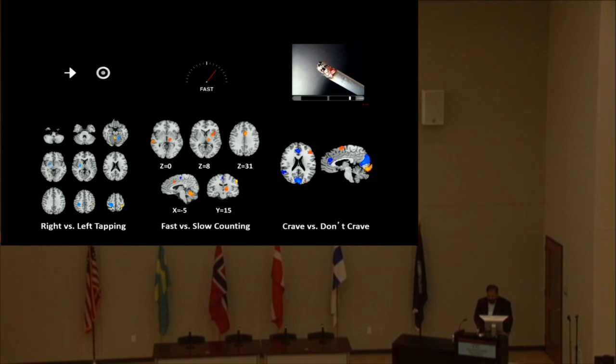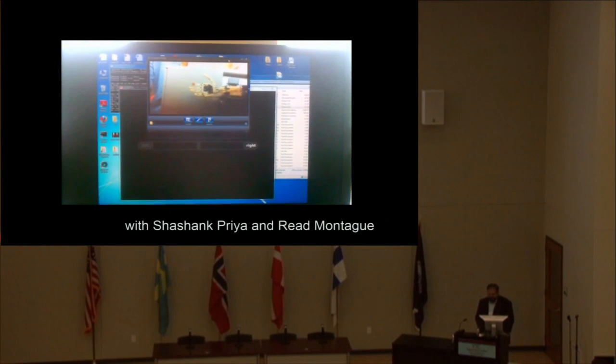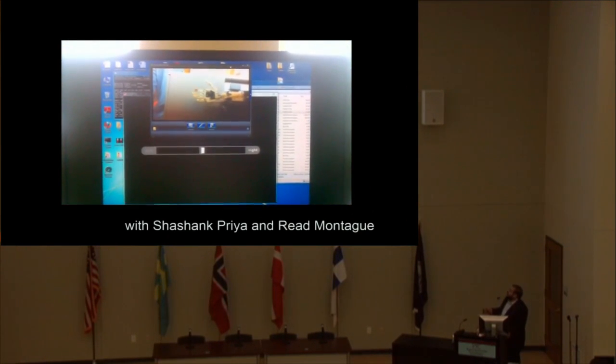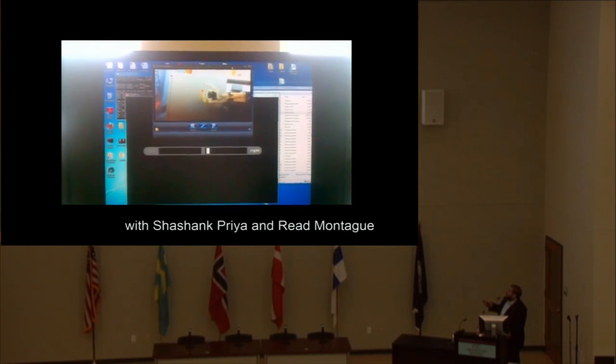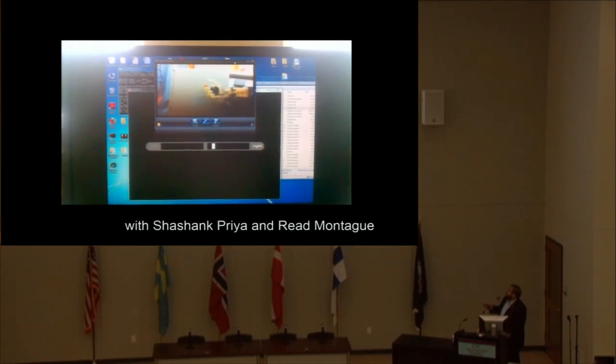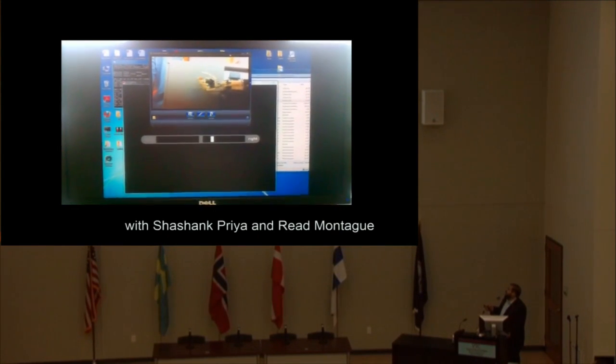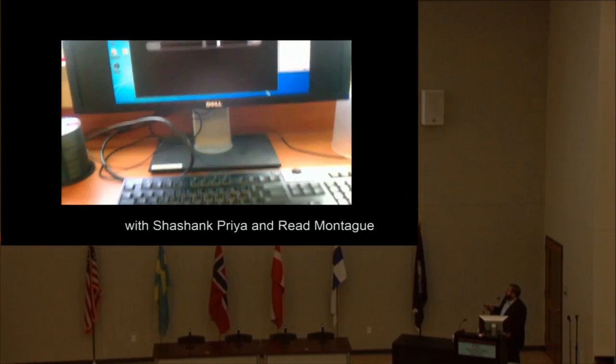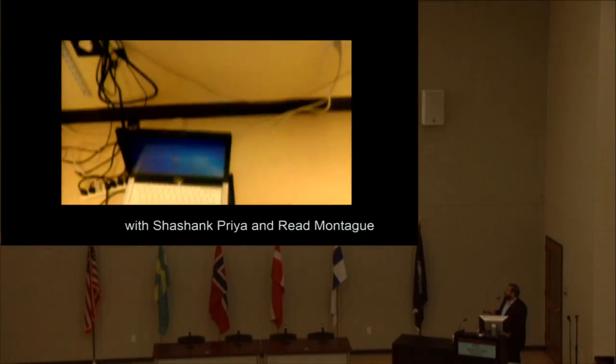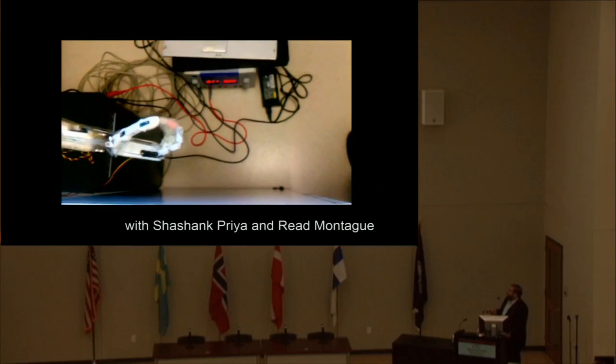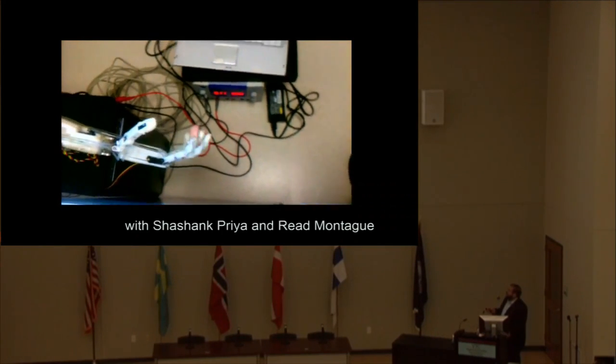And we can use this to drive these computer interfaces, but we can also drive interfaces in the outside world as well. This is a robotic hand that was designed and printed on a 3D printer here at Virginia Tech by a team of mechanical engineering students. They were interested in neuroprosthetic types of applications.